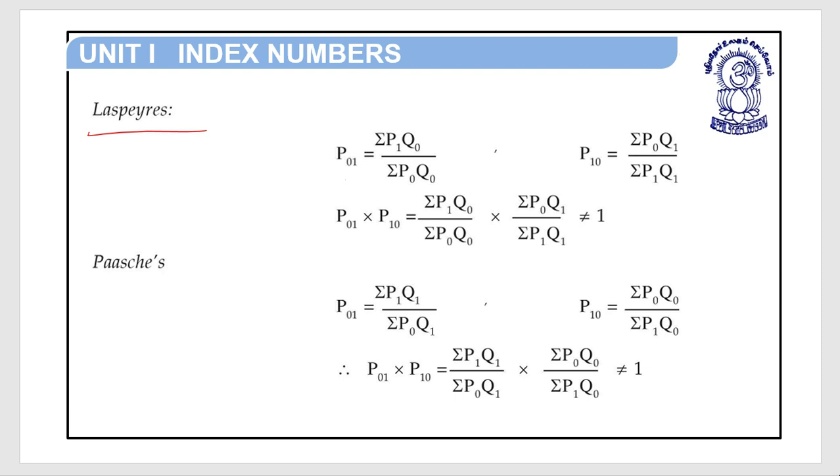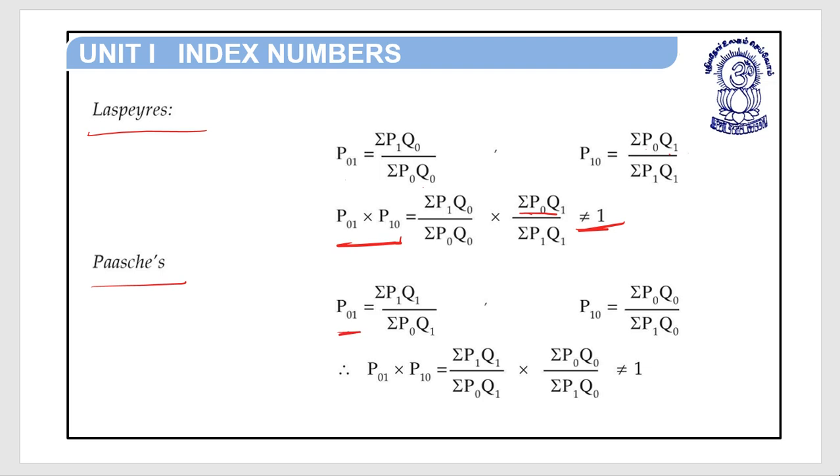Laspeyres' P01 is equal to sigma P1 Q0 upon sigma P0 Q0. P10 is equal to sigma P0 Q1 upon sigma P1 Q1. Put into the P01 into P10 formula, you will get sigma P0 Q1 into sigma P1 Q0 upon sigma P0 Q0 into sigma P1 Q1, which does not equal 1.